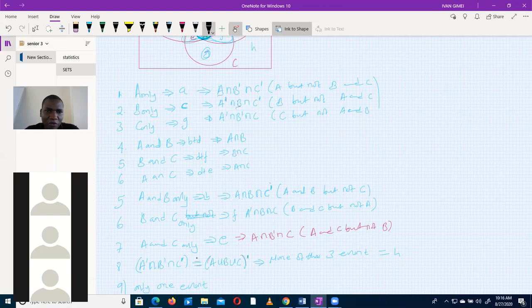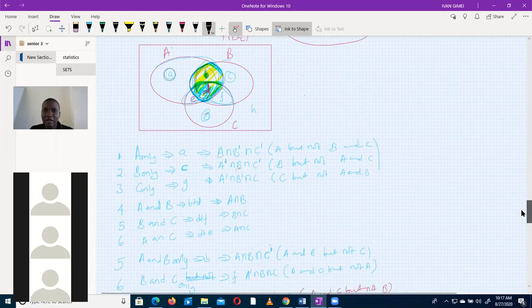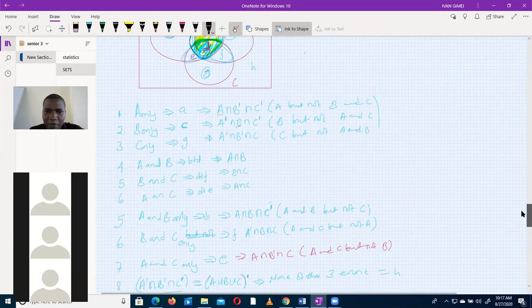You say those who play volleyball, those who play netball, those who play football. Then you find three who do not play any of them. This is the region represented by that, and according to our Venn diagram, it is region H outside. So if you understand these regions and the terminology very well, I'm sure sets won't be a problem.